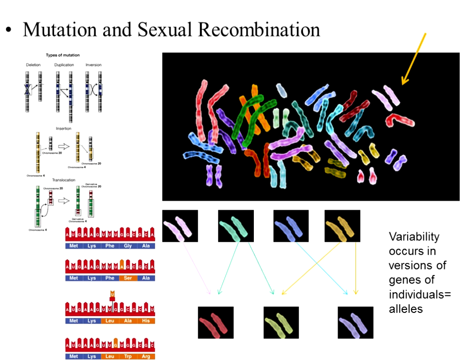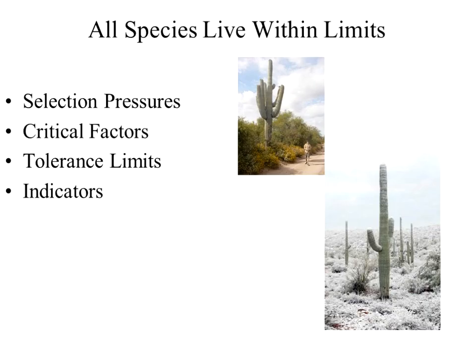If you talk about shuffling 46 chromosomes in different ways, you can see how you can get an infinite variety of different forms of genes through sexual recombination. So mutation and sexual recombination create a lot of variety. So that's the genetic aspect here.